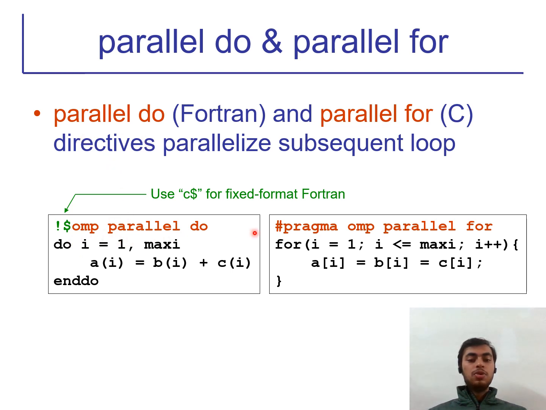This is how we start parallel do in our code. OMP parallel do. This is our algorithm for some code. We have to use this dollar sign here for fixed format Fortran. We write this pragma omp parallel for when we start the parallel execution of our code.